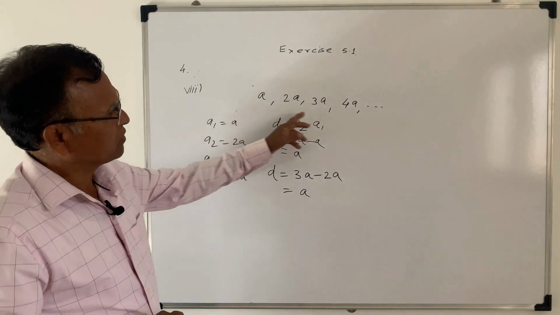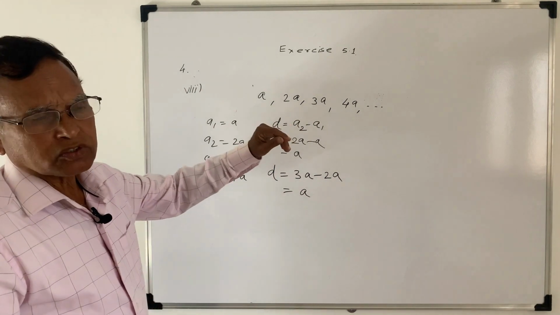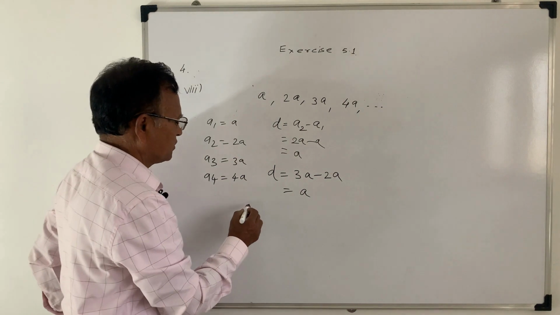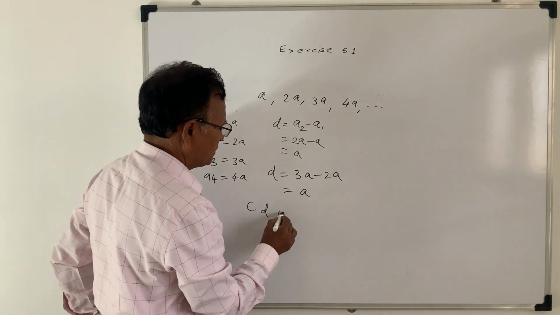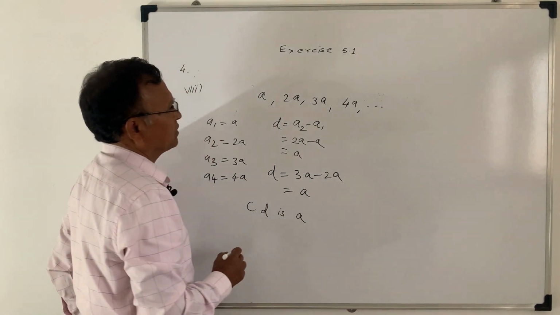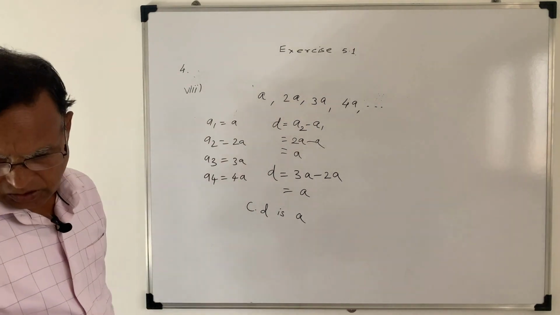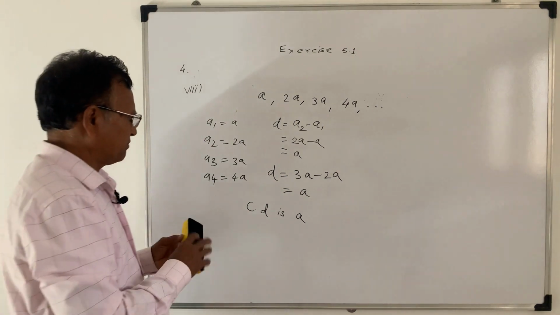So in all terms common difference is a, and first term is a, therefore it is an arithmetic progression.